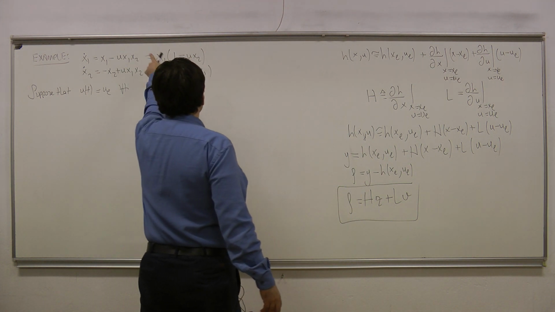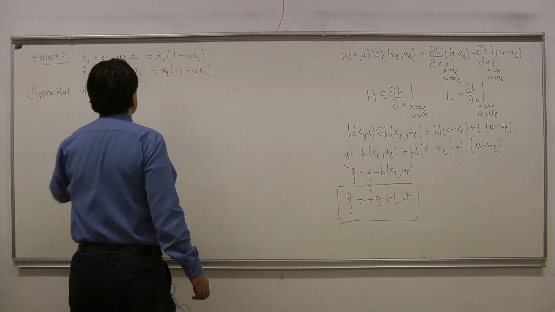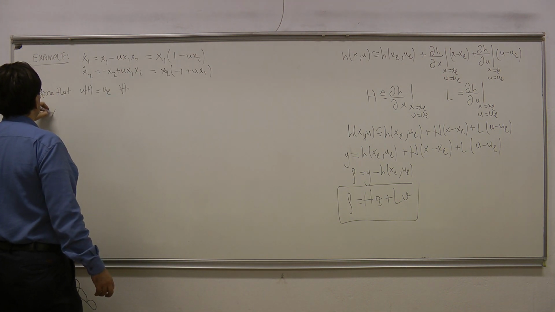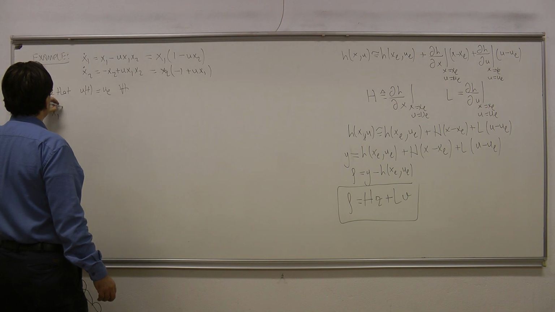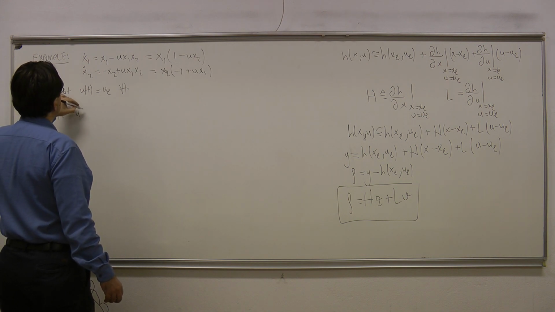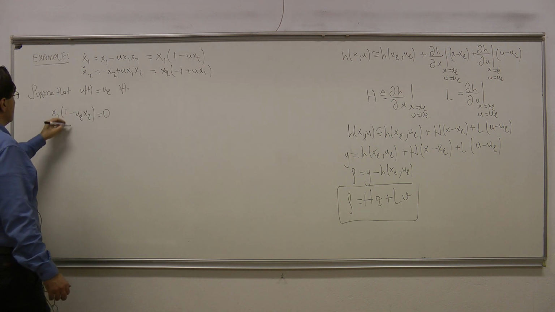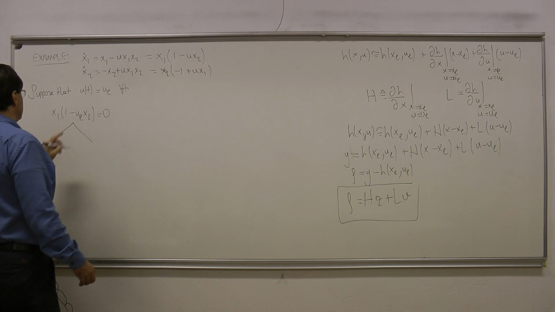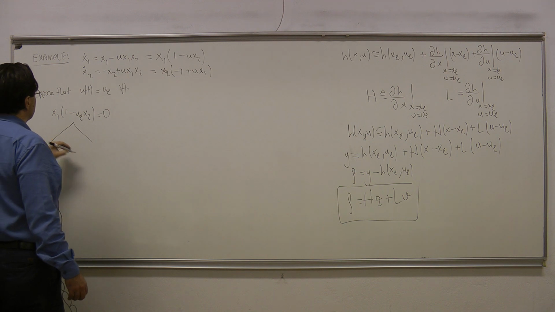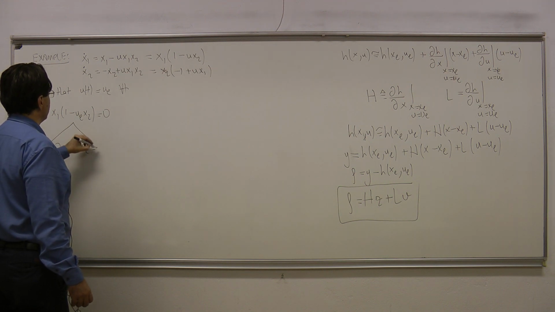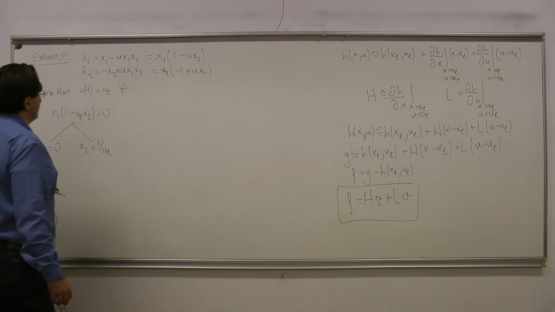So what I'm going to do here is to substitute u equals to ue. So I will have two equations, x1 times (1 minus ue x2) equals to 0 in the first equation. And this gives me two solutions. x1 is equal to 0 or x2 is equal to 1 over ue.